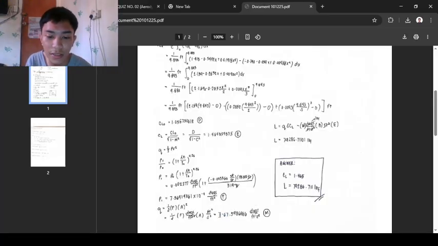So that's 167 slugs per feet second squared. So store that to function M. So we can just plug it into our lift formula.